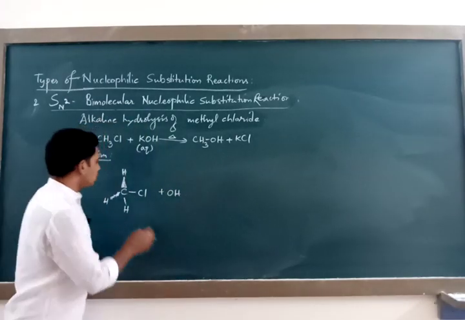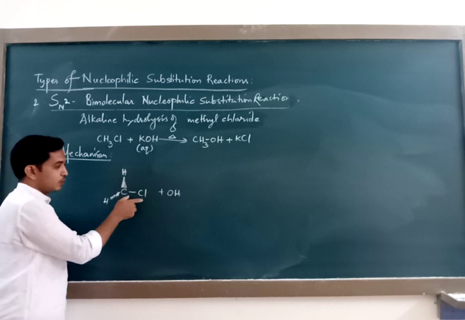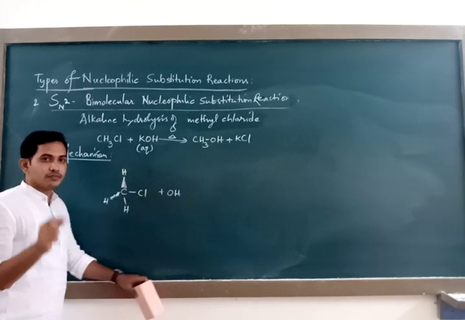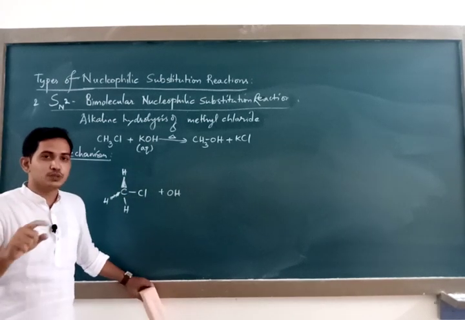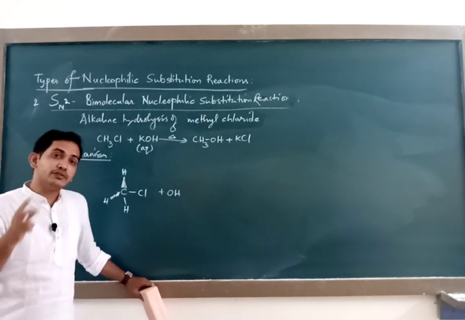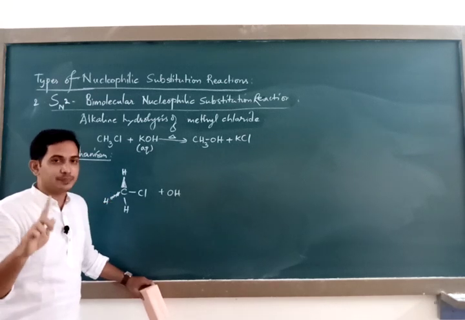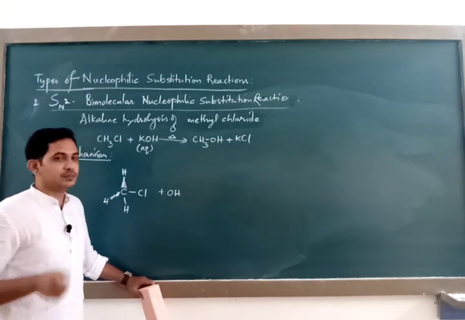Now breaking of this bond, the carbon-halogen bond, and formation of the carbon-OH bond both take place simultaneously. In SN1 reaction there were two steps, but in SN2 mechanism there is only one step. It is only a one-step mechanism reaction.